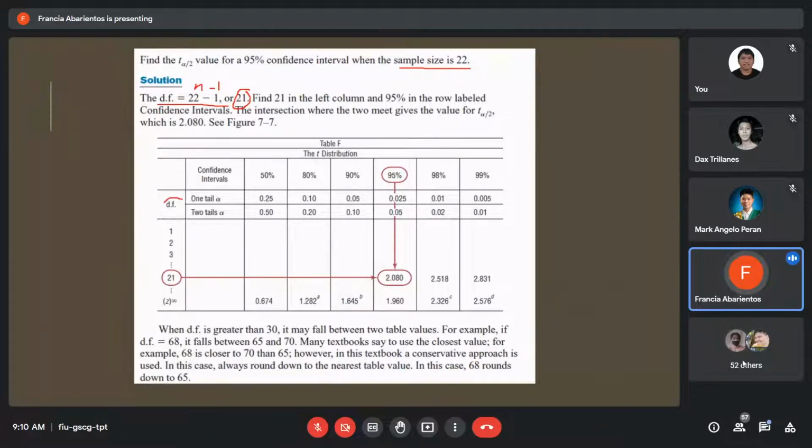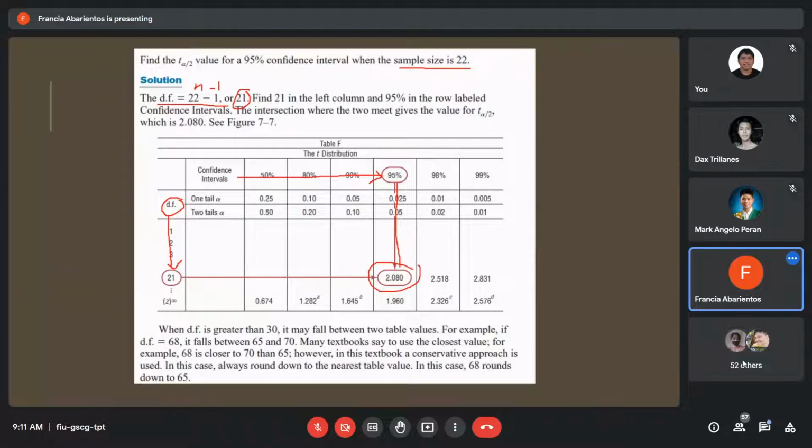From that, go to the degrees of freedom column in the table, going down until you get 21, just like with the z value distribution. This is table F, the t distribution. Given the confidence interval stated in the problem, 95%, where they meet is now the t-value.